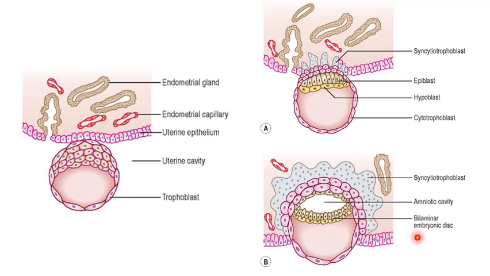A bilaminar embryonic disc, bilaminar because it has 2 layers. Inner will be the columnar epiblast, outer will be the cuboidal hypoblast. And ultimately from the epiblast, we will have formation of the 3 primary germ layers.